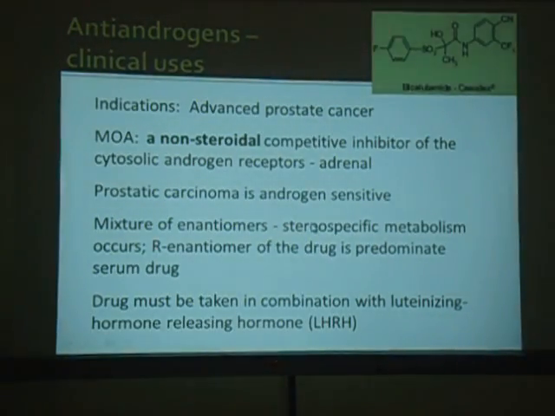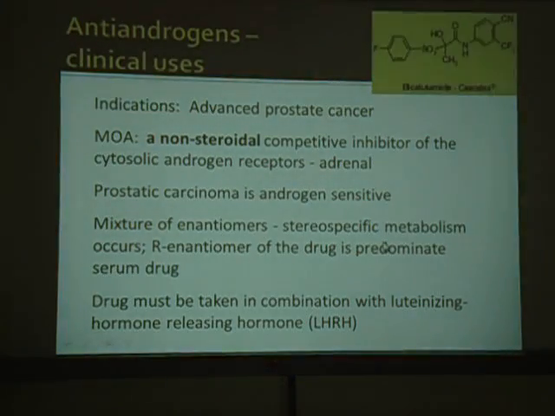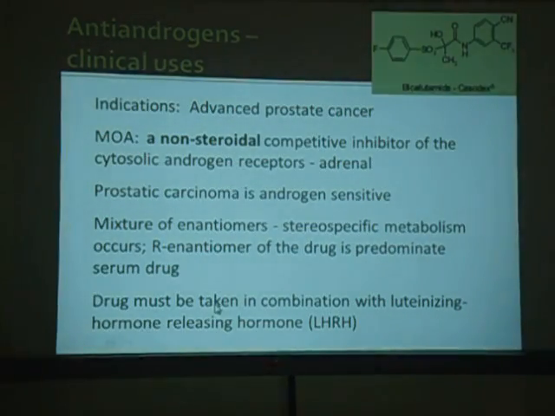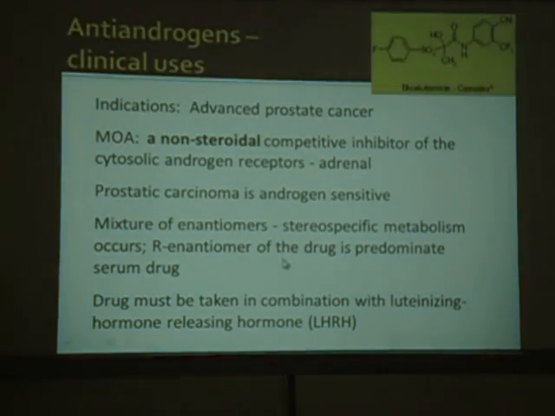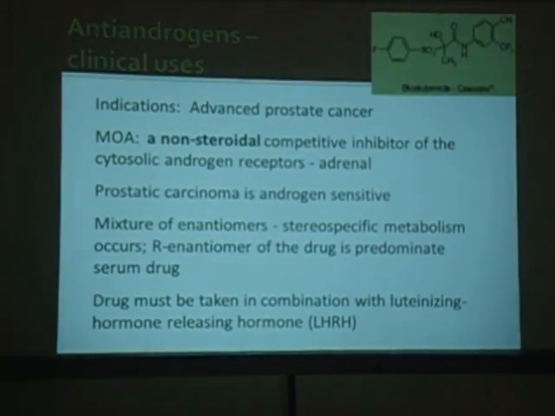So bicalutamide has stereospecific metabolism. The R-enantiomer of the drug is more predominant. It should be used in combination with a GnRH agonist for better use.